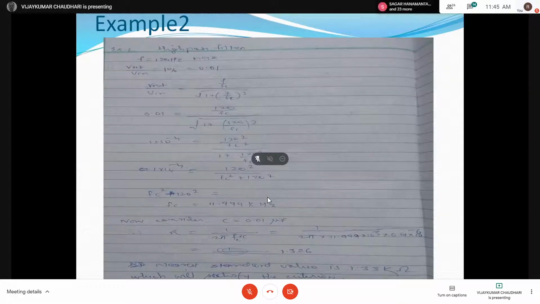And now 30 kilohertz is the given frequency. Find out V out upon V in, with Fc known and F given to be 30 kilohertz. Fc is 11.999 kilohertz. F is given as 30 kilohertz.